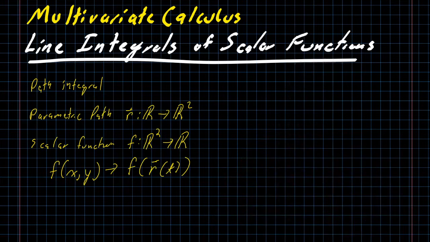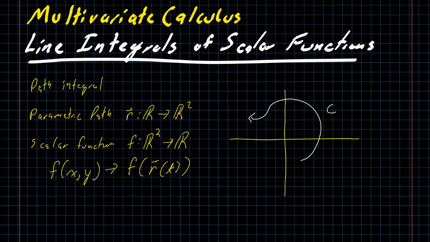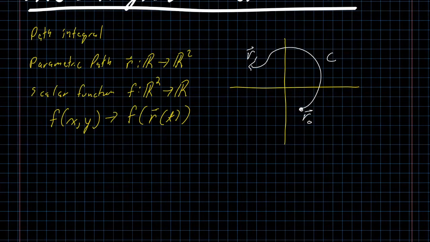So if I get my head out of the way and start drawing some coordinate axes, what you'll see is if we have some curve here, C, and we have some initial point, let's call it r naught, and some final point, let's call it r1, that what we're looking at here is the integral.